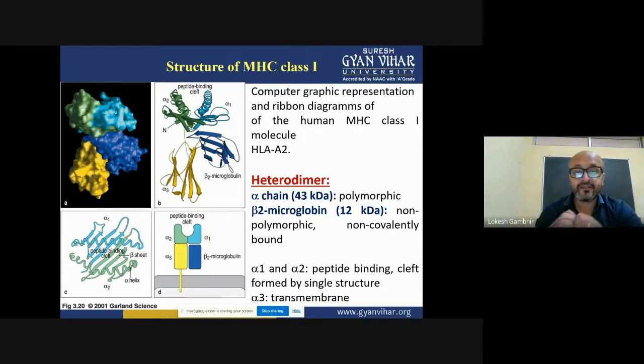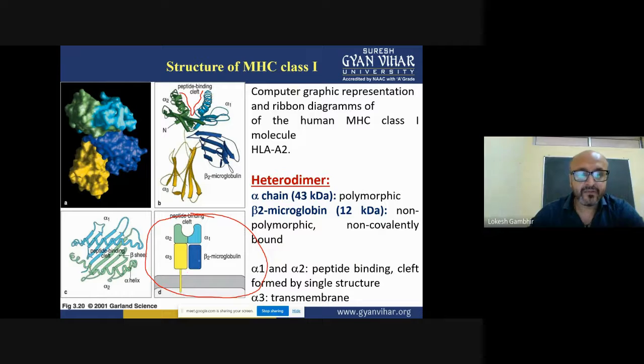So if you look at the complete structure representation, the complete structure is deciphered, and it looks like this in real time. And this particular cavity is called the peptide binding cleft or peptide binding region, and that is how we represent in a planar form the complete MHC molecule.